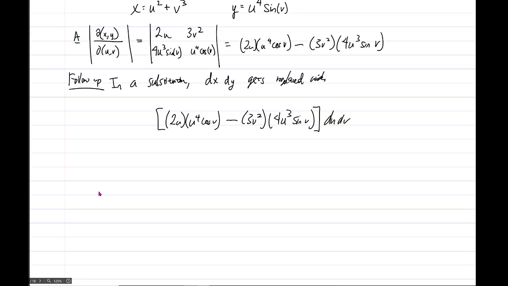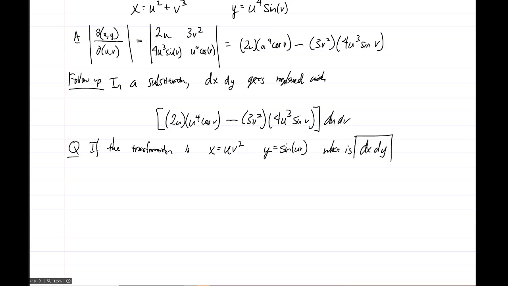Let's do another one. How about if the transformation is x equals u times v squared and y equals sine of uv, what is dx dy replaced with?